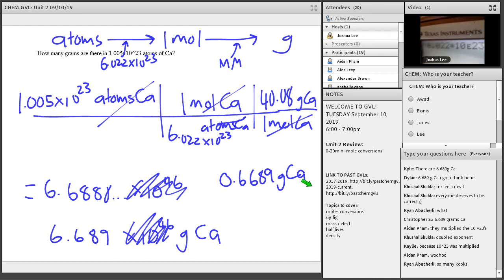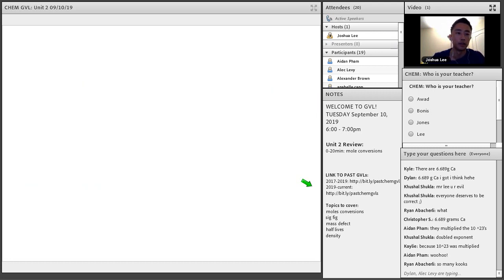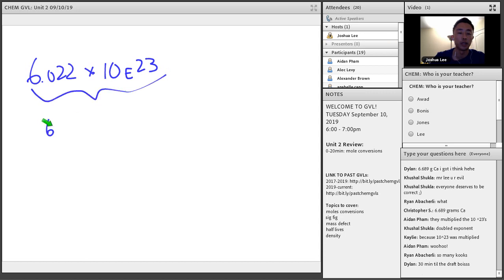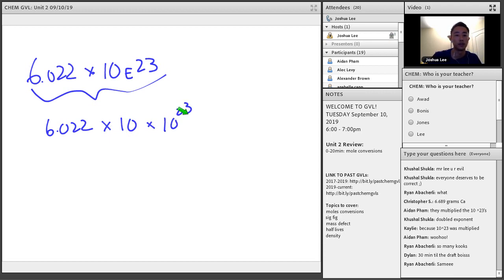This will always get you 10 off. Just because remember that e on the calculator. So if you do 6.022 times 10e23, what this actually corresponds to is 6.022 times 10 times 10 to the 23rd. Meaning this is actually 6.022 times 10 to the 24th, which is bad.